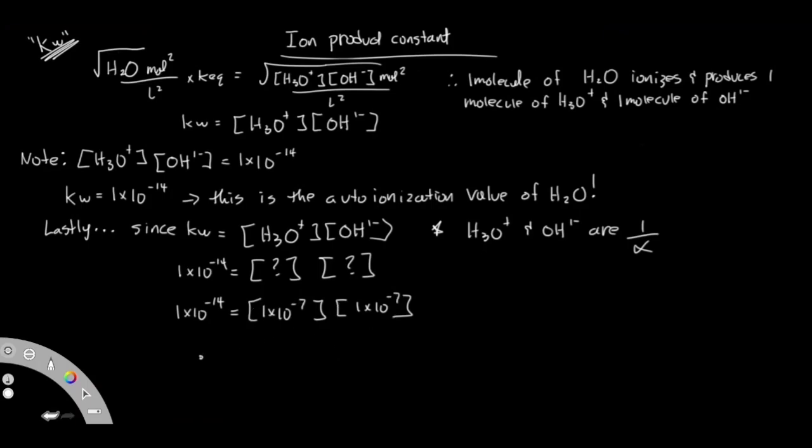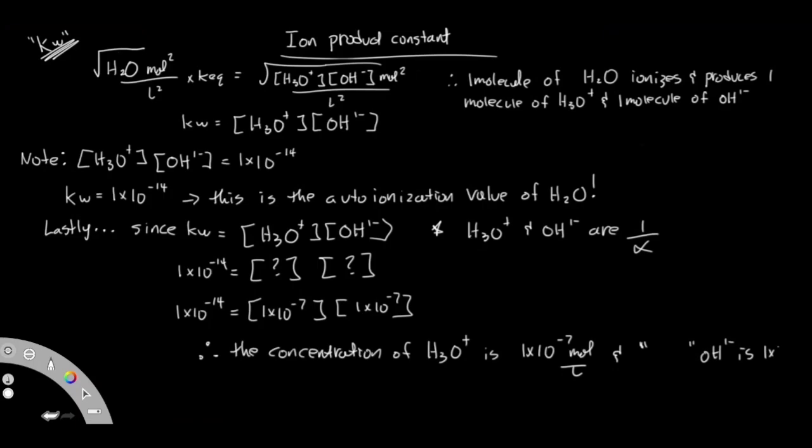Therefore, the concentration of hydronium is 1 times 10 to the negative 7 moles per liter, and the same thing, the concentration of hydroxide is also 1 times 10 to the negative 7 moles per liter.